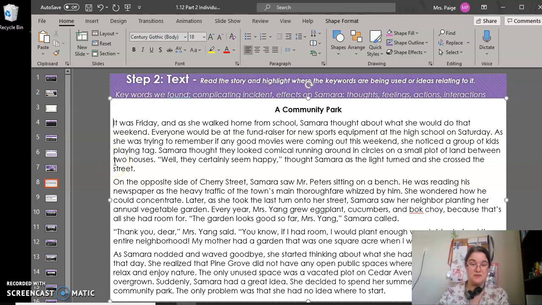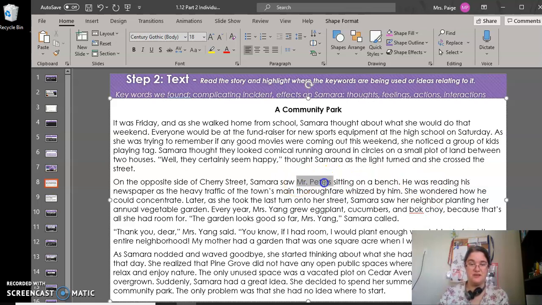Well, they certainly seemed happy, thought Samara, as the light turned and she crossed the street. So far, no conflict. Next paragraph. On the opposite side of Cherry Street, Samara saw Mr. Peters sitting on a bench. He was reading his newspaper as the heavy traffic of the town's main thoroughfare whizzed by him. She wondered how he could concentrate. Ooh, wait a second. Wondering how he could concentrate. That tells us that there's a problem.